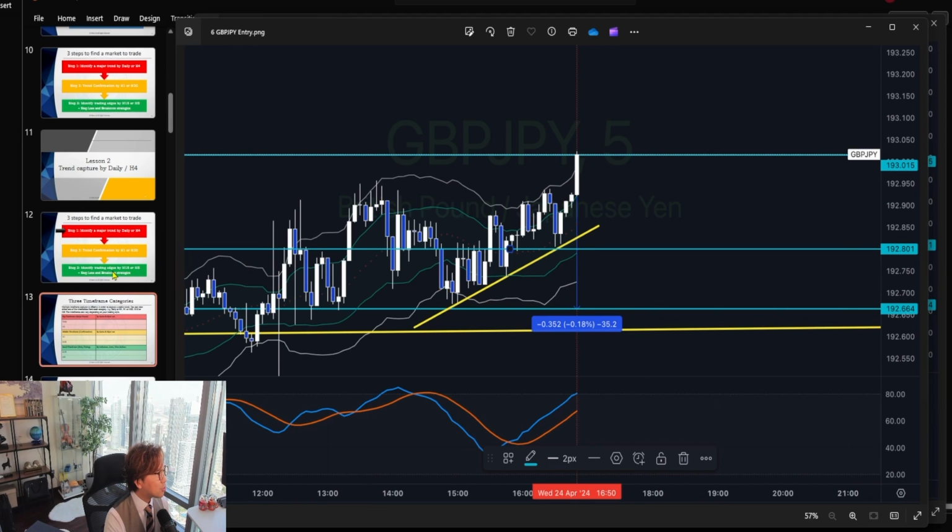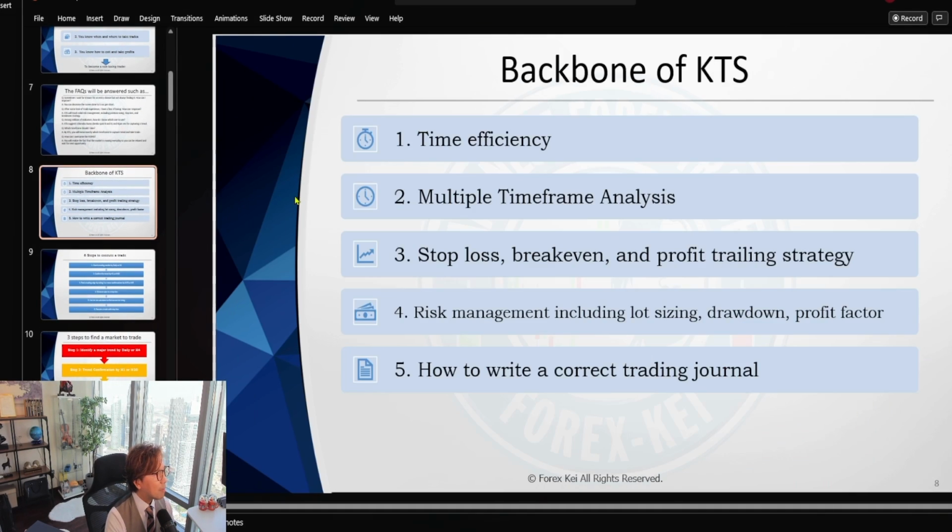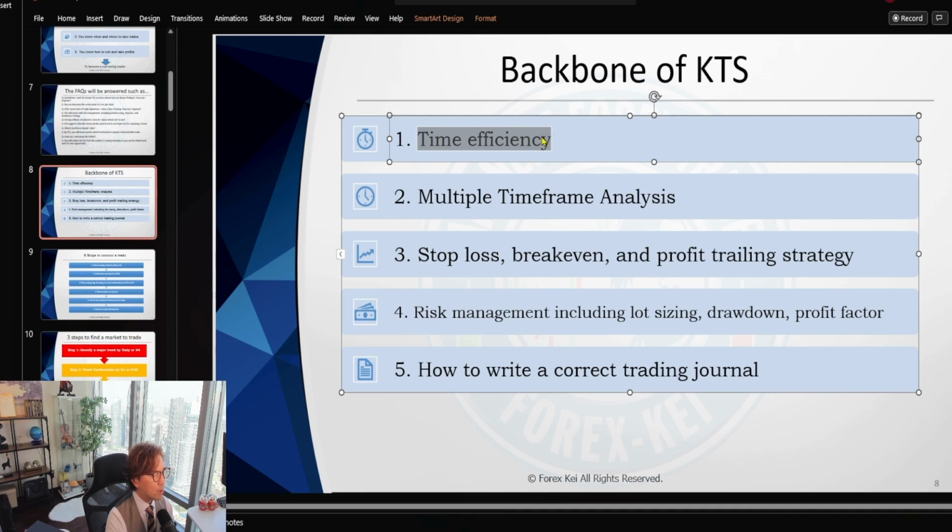Like I mentioned before, time efficiency is one of the backbones of my strategy. I want the market to go towards my direction right after I enter the trade, so that I can cut down the time spent monitoring the chart.